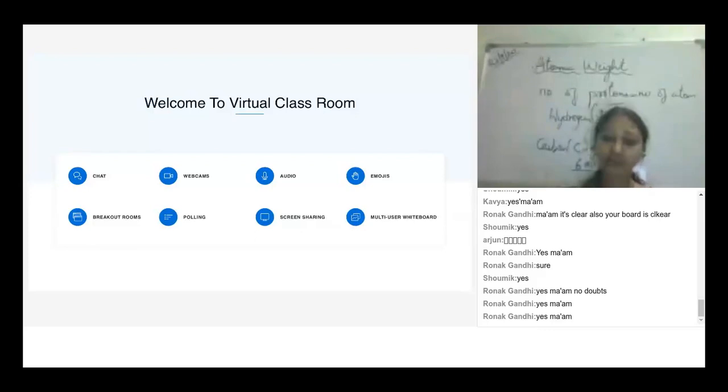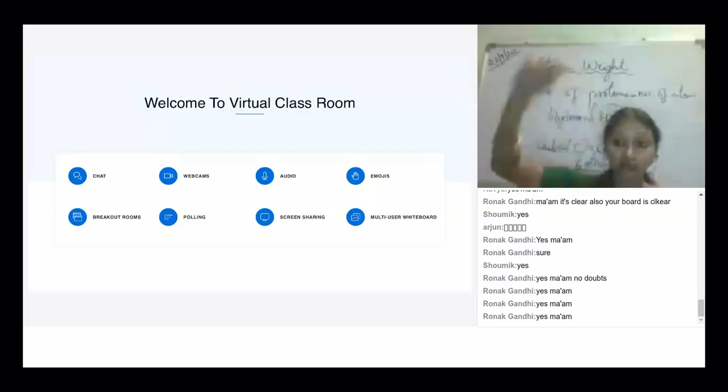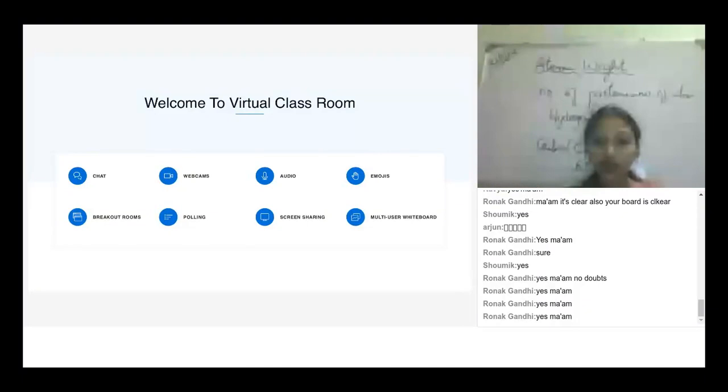So whatever element they wanted to calculate the atomic weight of, they took the standard weight of carbon-12. Understood? They took smaller elements, not huge elements. Why? Because previously more elements were not found. We are talking about only the basic elements below 20.